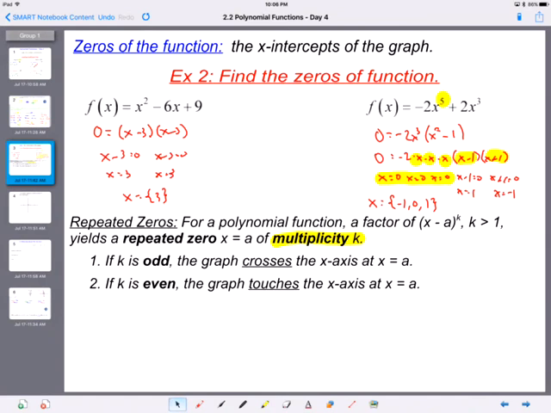And so this idea of repeated zeros for a polynomial function: a factor that occurs this number of times, which is your exponent, yields a repeated 0. And so what we talk about is multiplicity.